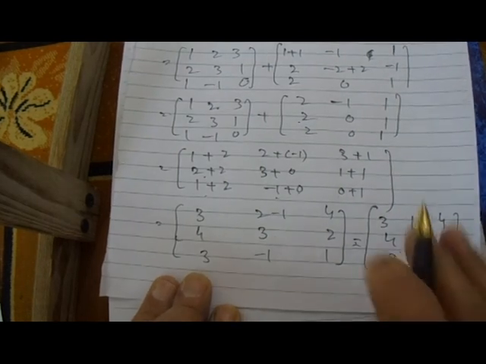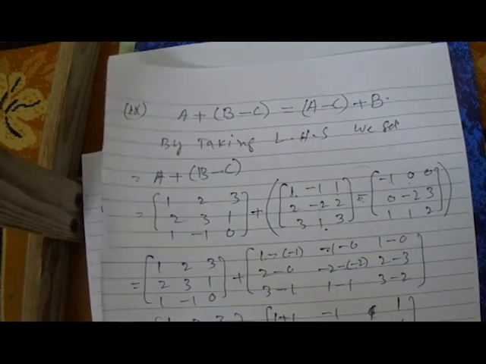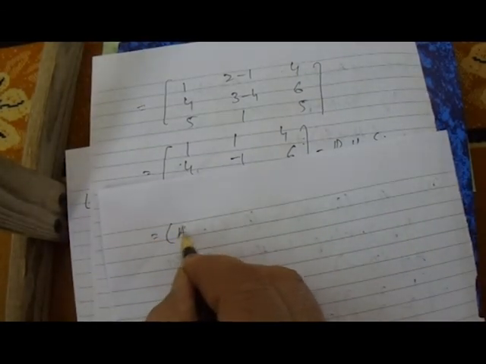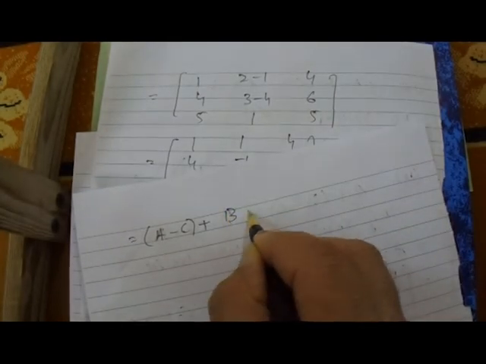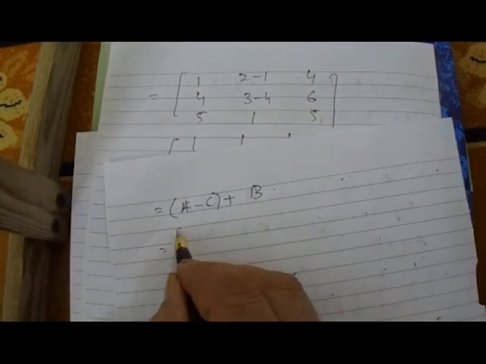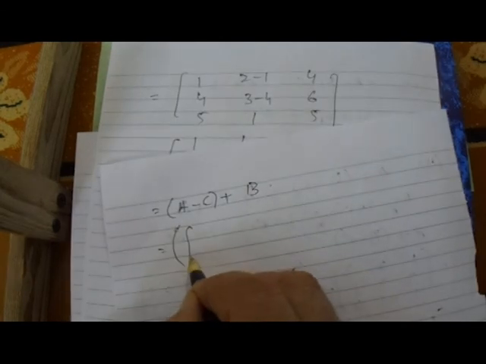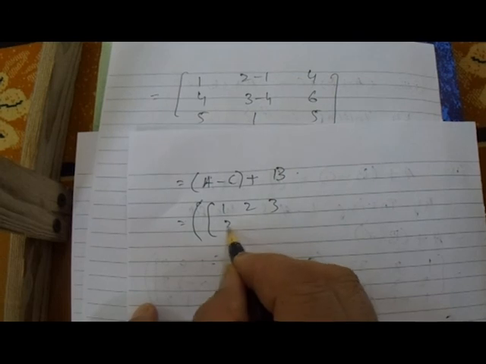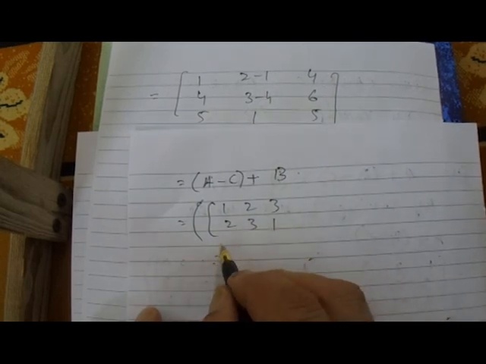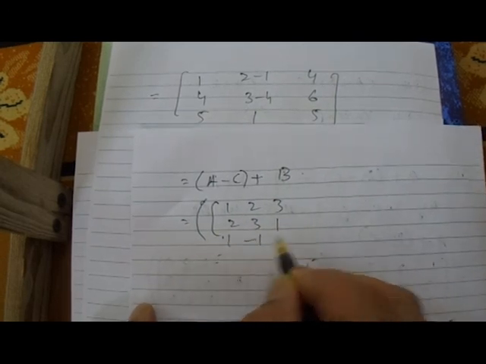This is left hand side. We now write the right hand side, A minus C plus B. Here A minus C plus B. Now we write this. First we put A matrix, round brackets here. Now A bracket 1 2 3 and 2 3 1 and 1 minus 1 0.